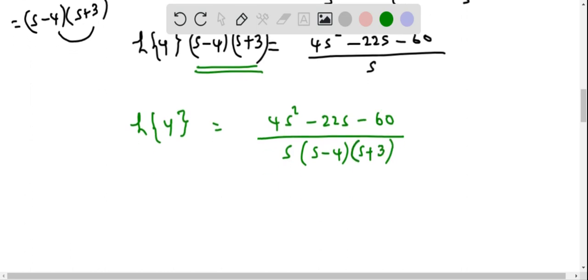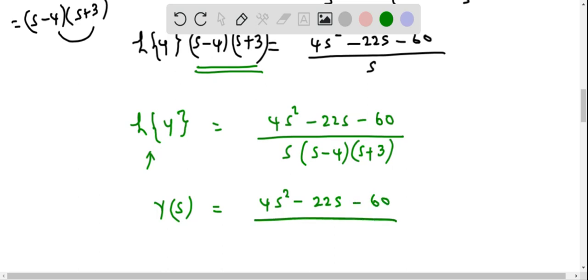So we can write this Laplace transform of y, this is equal to y of s. So now we have the equation for y of s, which equals 4s squared minus 22s minus 60 over s times s plus 3 times s minus 4. I will put s plus 3 first, then the s minus 4 next, and then multiplied with s.